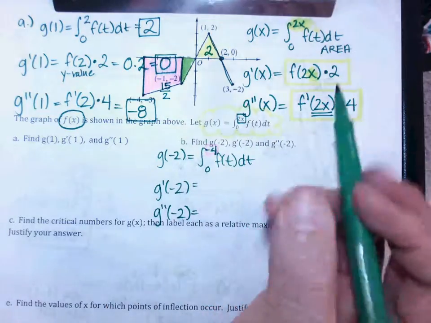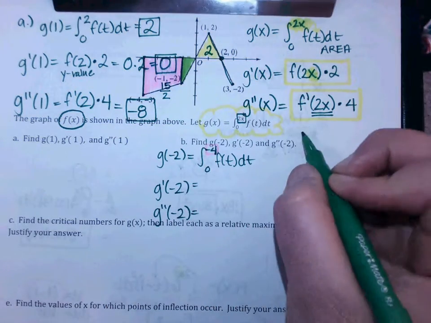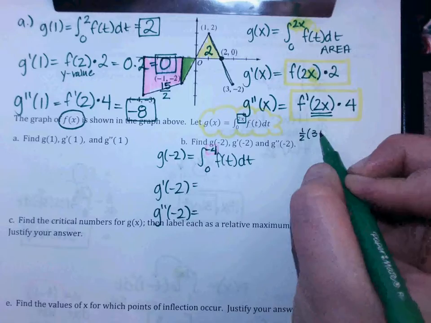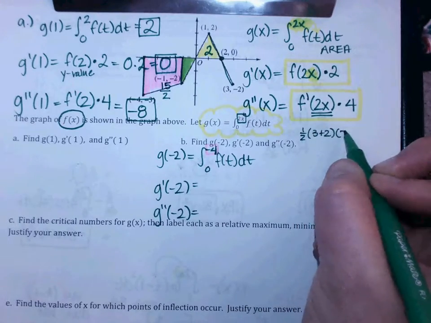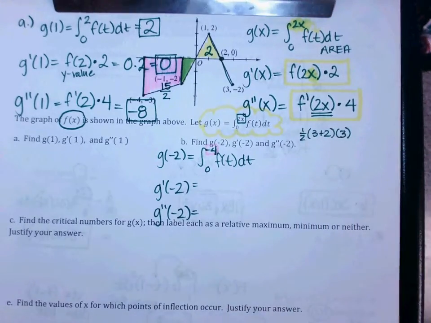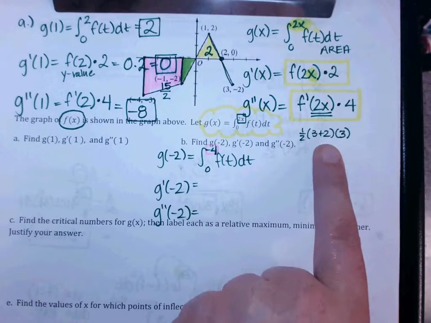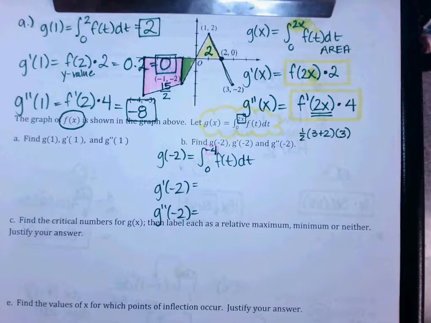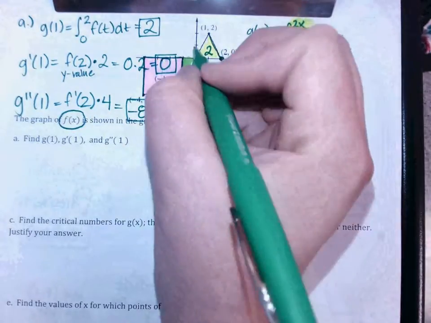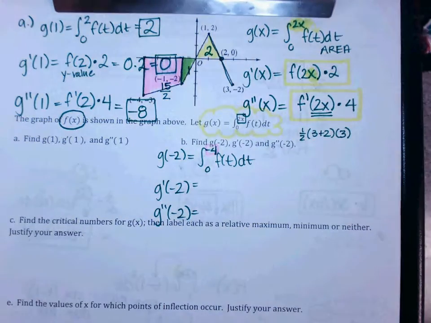So it would have been 1/2 times 3 plus 2 times 3. So that'd give you 5 times 3 is 15, divided by 2. Now what about my little triangle right there? 1 times 2, cut in half is 1. Now, when I add those together, 15 divided by 2 is what?